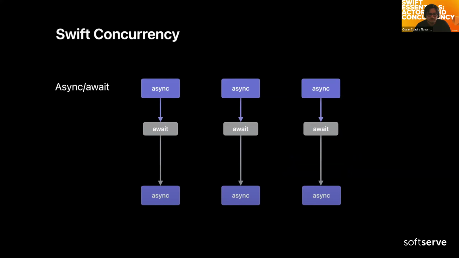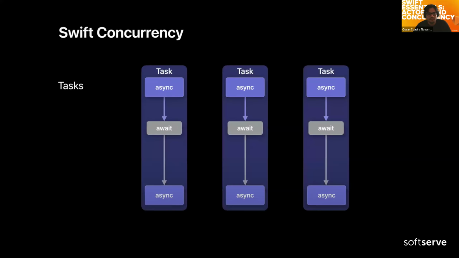I think we need to understand that it's just a way to write our code in the cleanest way, with functions. Your function will be asynchronous, and it needs to be marked with await because it marks a suspension point, and there will be a result.